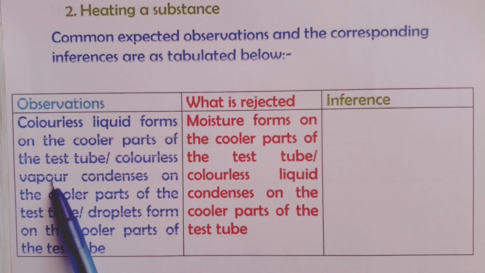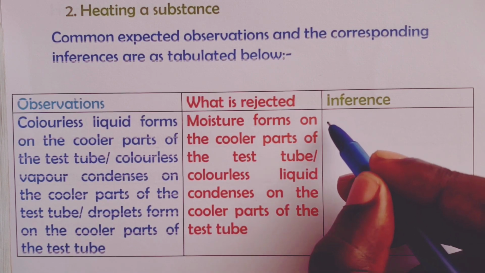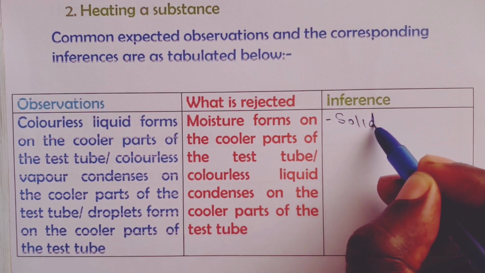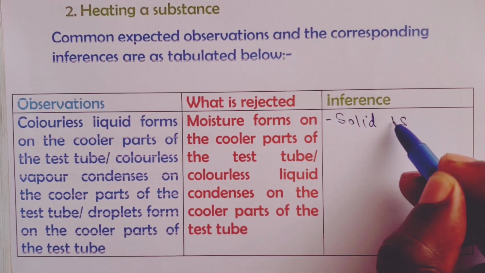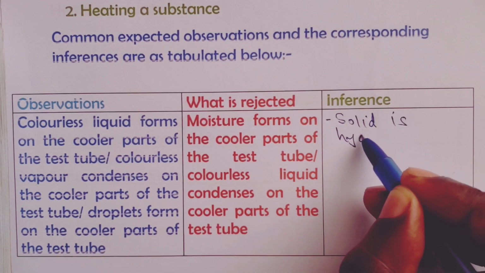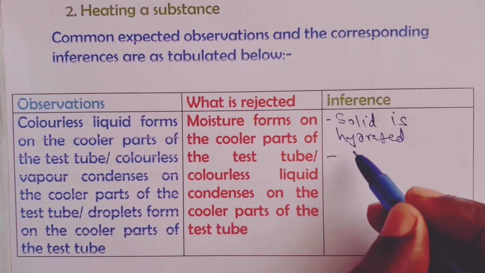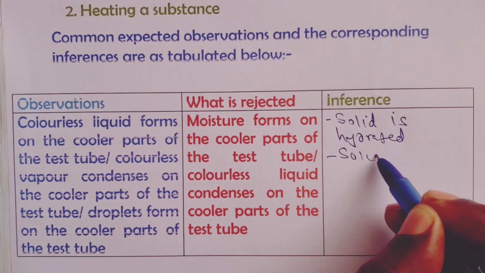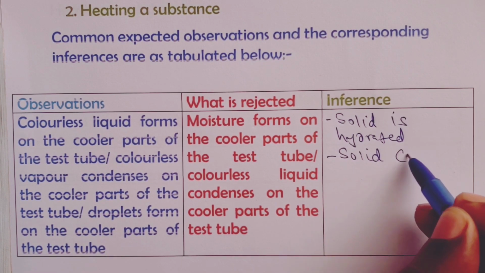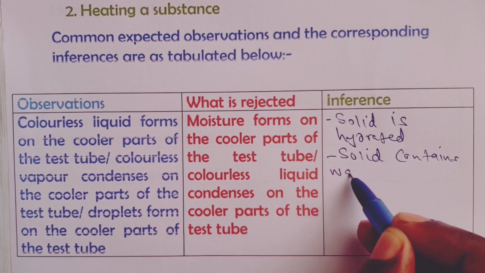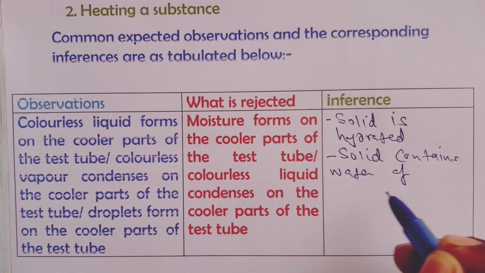So if we see this observation, the expected inference is supposed to be that the solid we are provided with is hydrated. Or we can also talk about the solid we are provided containing water of crystallization.